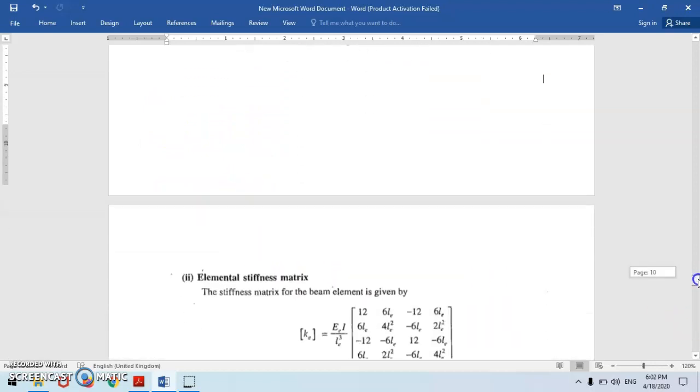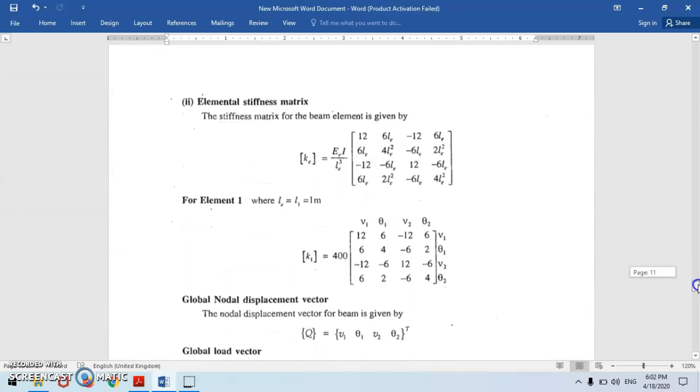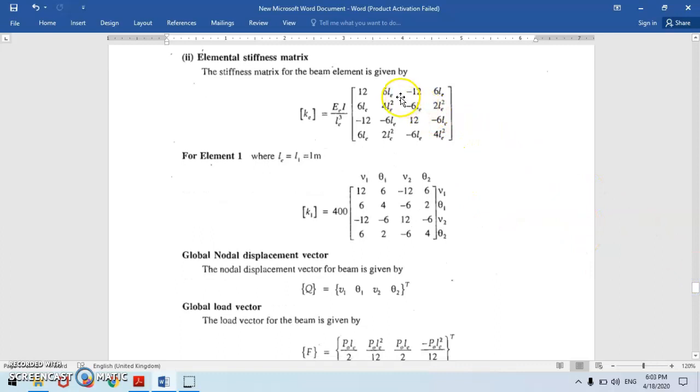The second step goes like this. We will be finding the elemental stiffness matrix. Already we know the stiffness matrix equation, that is EI by LE cube, and this matrix, whatever is there, we need to write down. This is nothing but the elemental stiffness matrix of a general beam. We need to substitute all the values of LE and EI here.